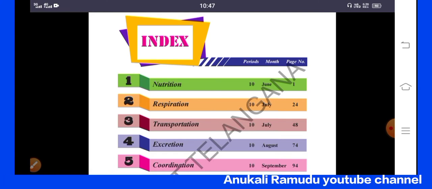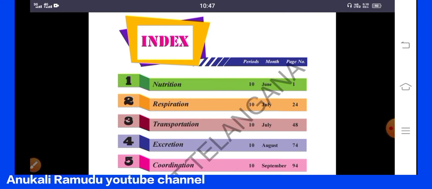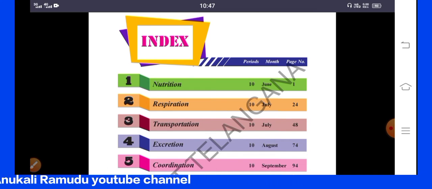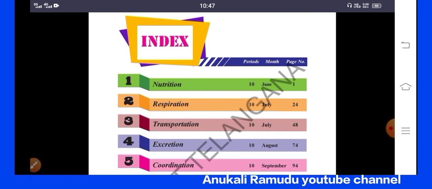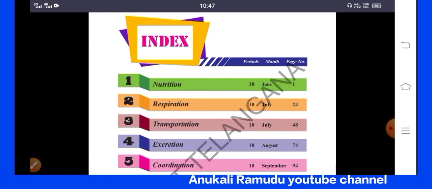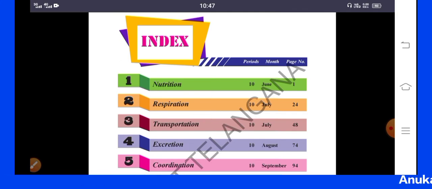However, there is a need to know all chapters clearly in detail, so today I'm going to give an introduction about the chapters of 10th class biology of Telangana state.